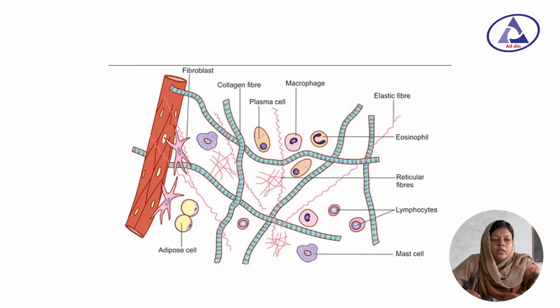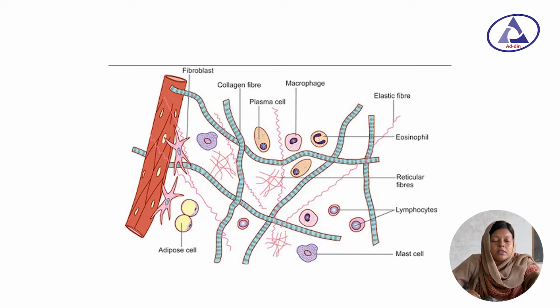In this picture, let's see what we can observe. There is a schematic diagram of a connective tissue. Here we see the fiber, cell and ground substance. In cells, we see the fibroblast, adipocyte, macrophage and mesenchymal cell.